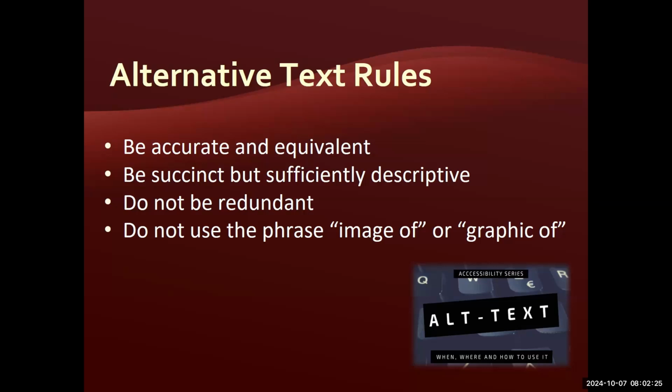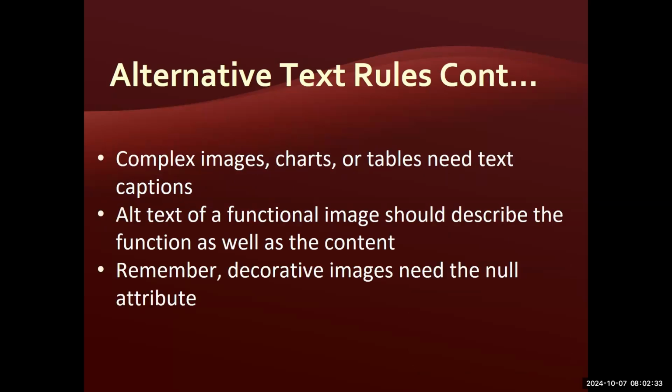That's not appropriate. We need to make sure that we are telling the students or our learners exactly what that image is conveying. Make sure that we use captions for any complex images, charts, graphs, and tables as opposed to alternative text. Remember kind of that rule of thumb, if it goes over 2 brief sentences, you should employ captions as opposed to alternative text.